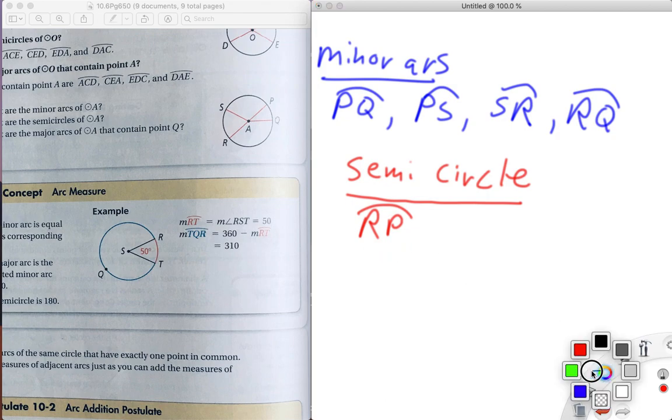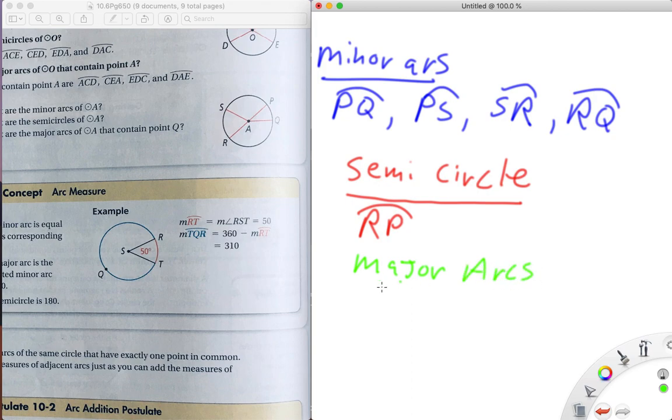Then they want to find major arcs. Remember, major arcs are greater than 180 degrees. I see QPR. That's a major arc.